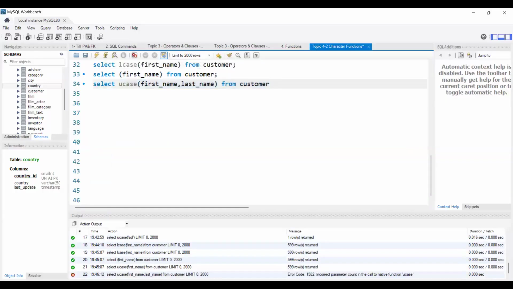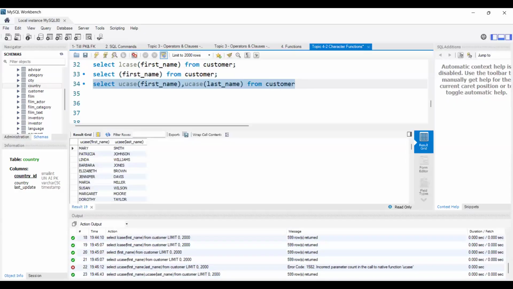We need to use them separately actually, like this, and mention UCASE of each separately, because we can't send two arguments to one function. If we are using concatenate, we will combine them. But if we want to convert two columns into uppercase, we will use UCASE two times, UCASE of first name, UCASE of last name. It will give us the results separately, but using one function we cannot give two parameters. Okay. Yeah, got it.